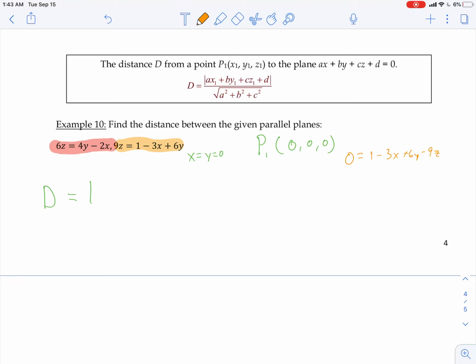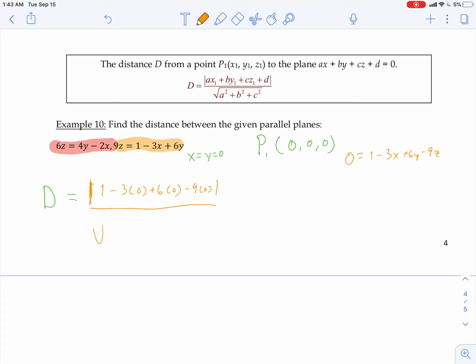What I'm going to do is plug my point P sub 1 into my equation for the plane, and then take the magnitude of that. So we're going to have 1 minus 3 times 0 plus 6 times 0 minus 9 times 0, and we're going to divide by our vector of that plane.